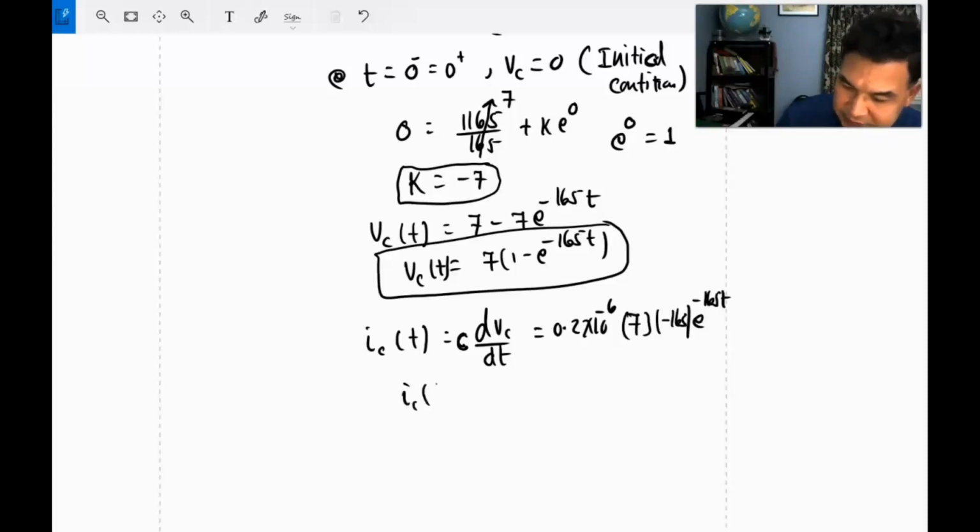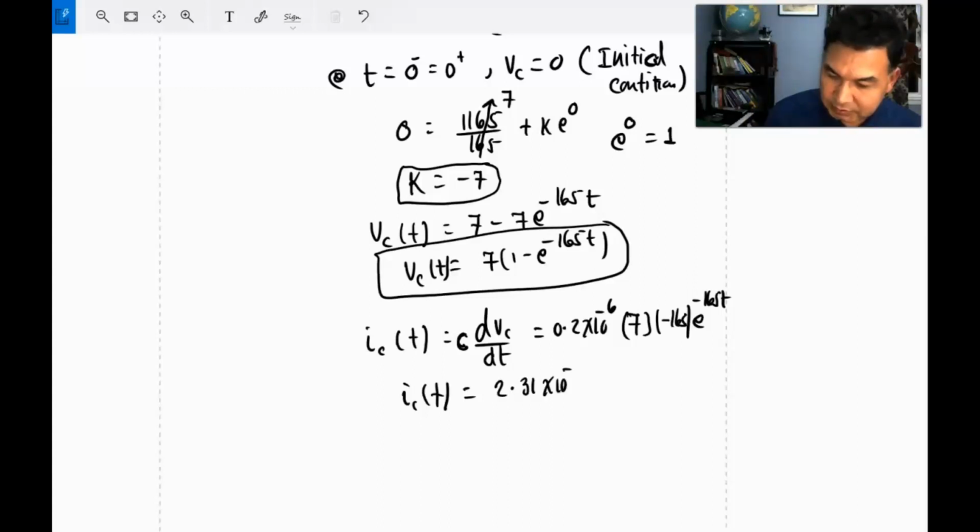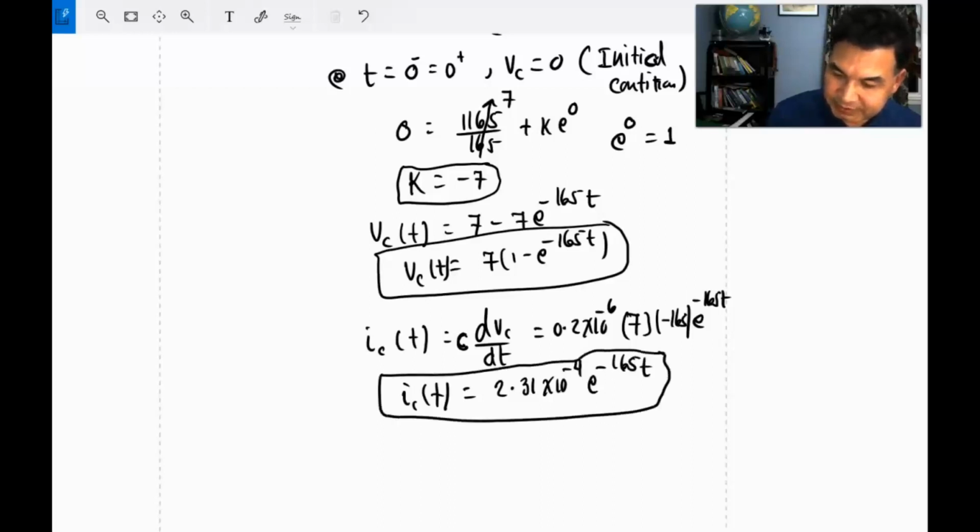So IC, the current through the capacitor as a function of time, is given by this: 7 times 0.2 times 10 to the minus 6 times 165, and you can convert it into microamps. This is how the current through the capacitor changes as a function of time.